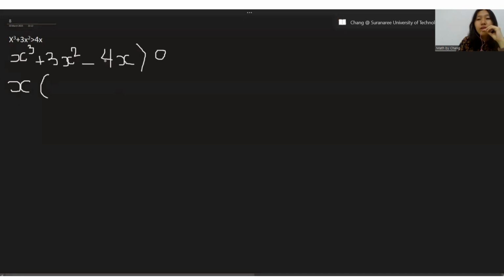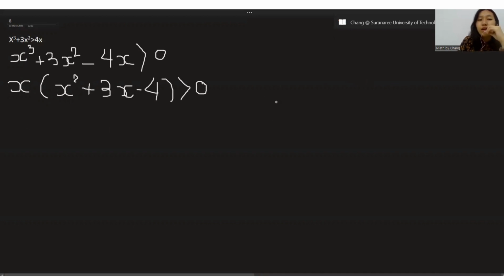We can take x out, and you will get x squared plus x, so 1x, plus 3x minus 4, all greater than 0.